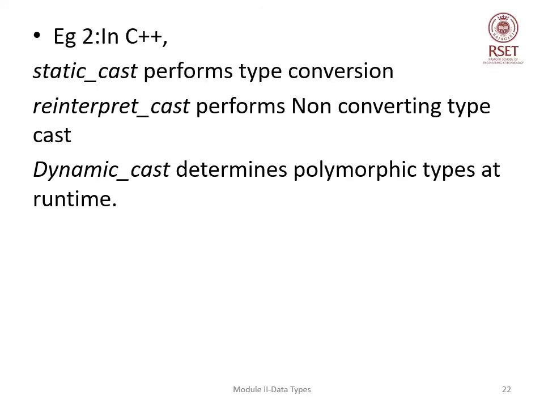These are the three functions that are used in C++ for type conversion. The static cast performs the static type conversion, and reinterpret cast performs non-converting typecast. Dynamic cast is used for polymorphic types at runtime.